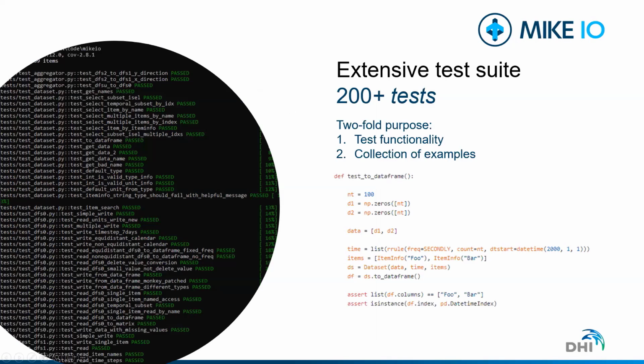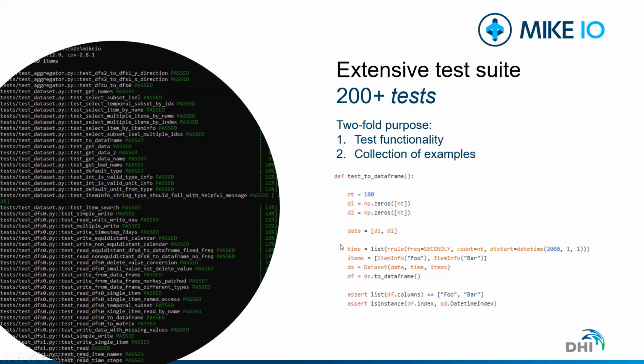So when you have people checking in code, external collaborators or anyone, we can see that the tests pass before we merge it into the main branch.